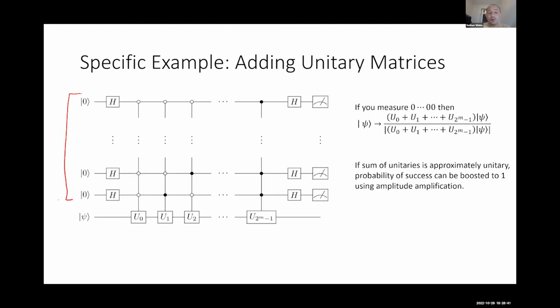We've got this control register up at the top that represents which unitary we want to fire or add up in the sum. And then we have these Hadamards over here, which in some sense tell us the weights that we want for the individual terms. Here, it's the Hadamard transform, so we're picking the weights to be even. There's no bias between the strength of U1 or U0 in the particular sum. All of them are equal.